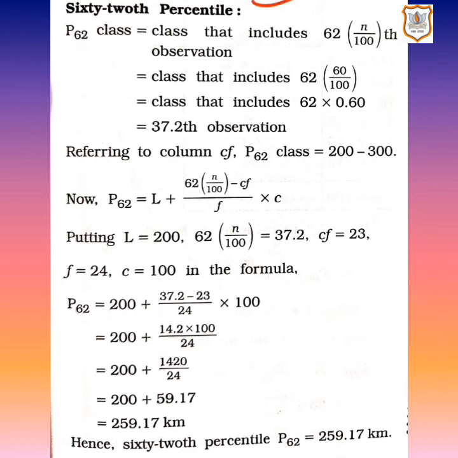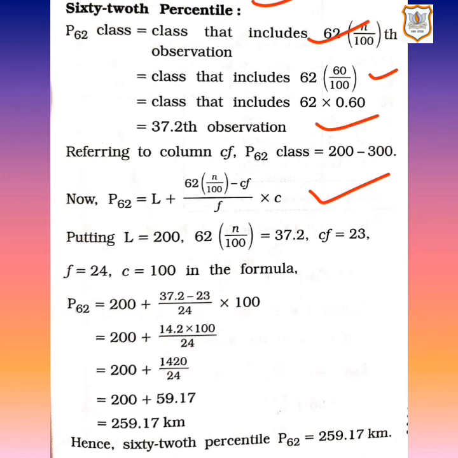So the formula for P62 for continuous frequency distribution will be P62 is equals to L plus 62n by 100 minus CF upon F into C. So first we are going to find the value of 62n by 100. N is 60. 60 by 100, that gives you 62 into 0.6, and that is 37.2 observation.